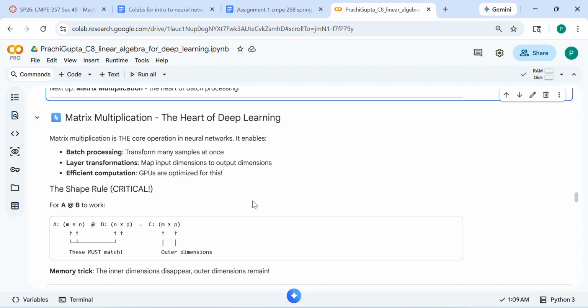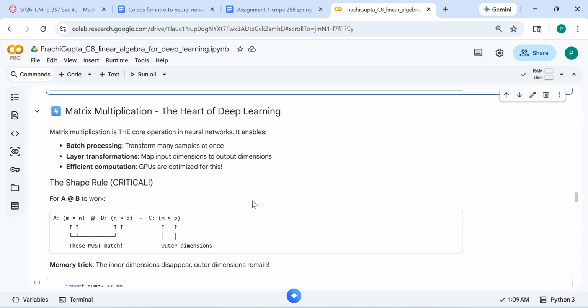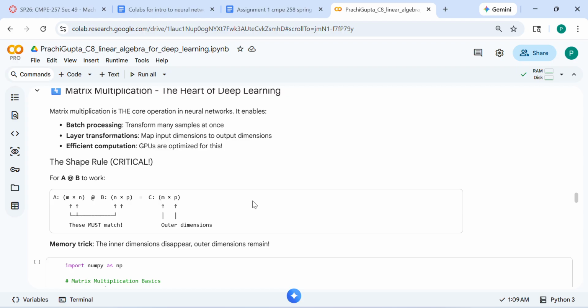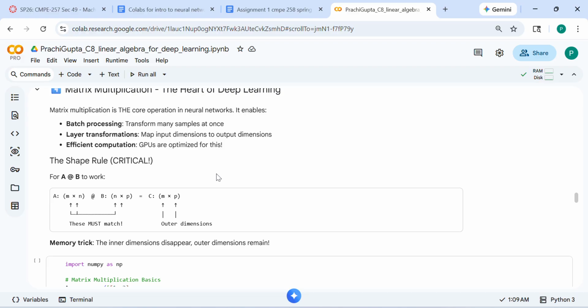Now look at this batch processing in action. We are processing four samples at once. Matrix multiplication is a core operation in the neural network. It enables batch processing, layer transformation, and efficient computation.